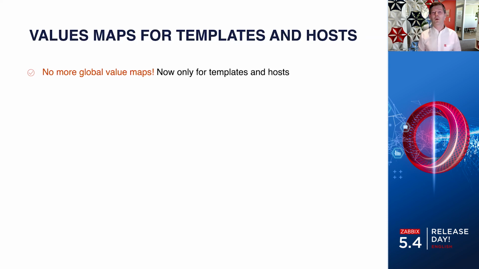Yes, maybe for smaller installations, global value maps is a good idea. But as soon as you have multiple templates, as soon as you have maybe different teams working with a different set of templates, it really becomes a nightmare to maintain on a global level. Besides, any global object really hurts multi-tenancy.